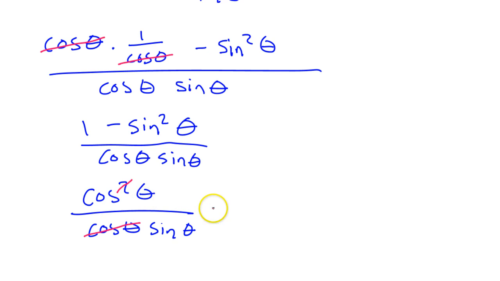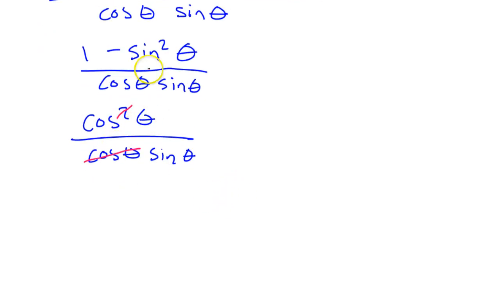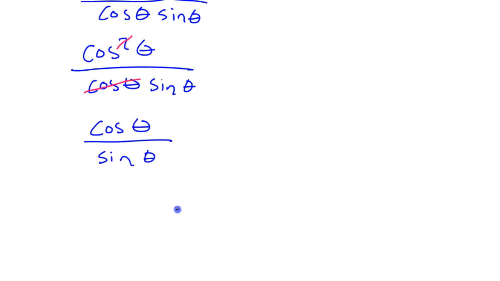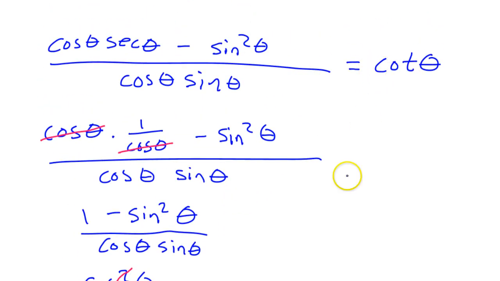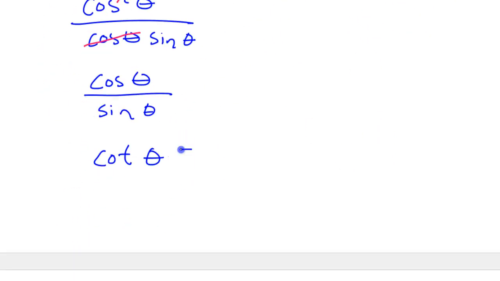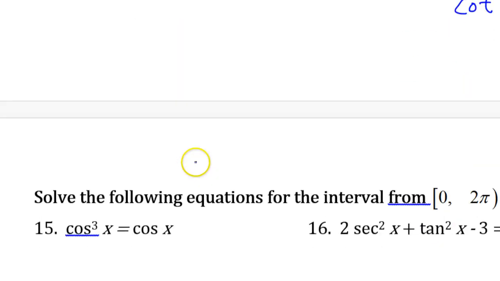So that's just going to leave cosine theta in the numerator. So that's going to leave cosine theta over sine theta, which is the definition of cotangent theta. Now hopefully that's what we were trying to verify. And yes, it is. So cotangent theta equals cotangent theta, and we have officially verified the identity.